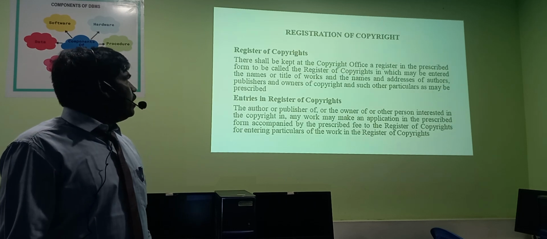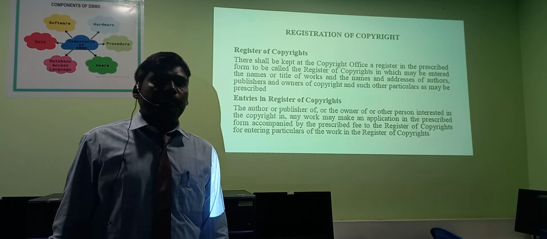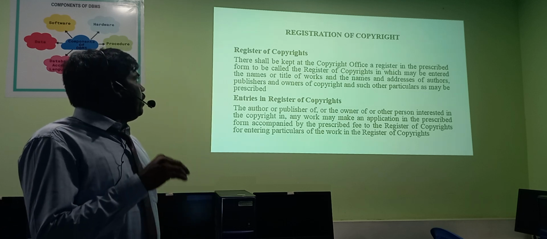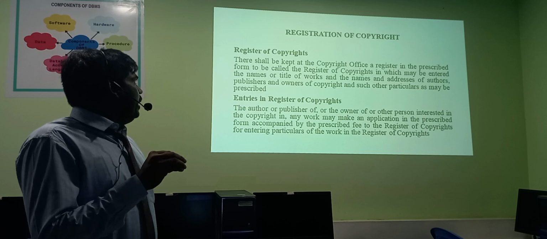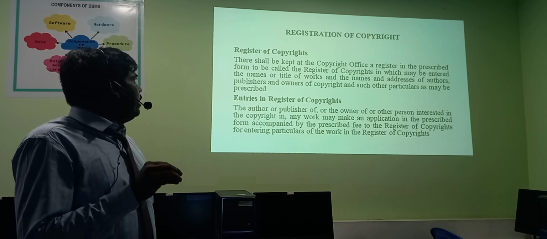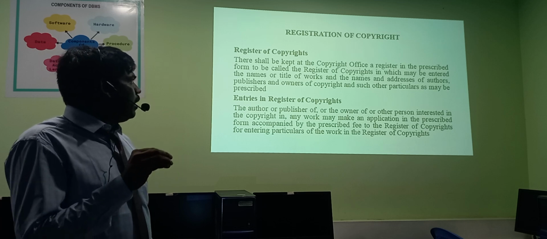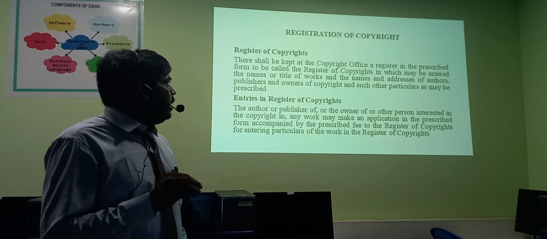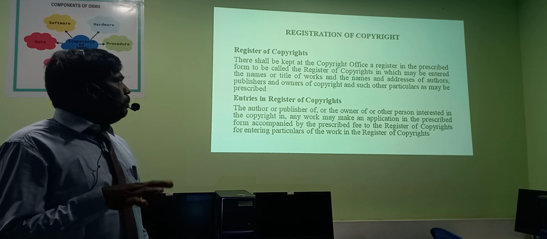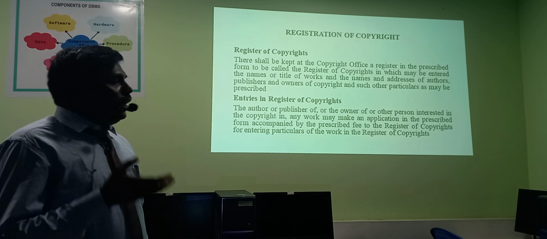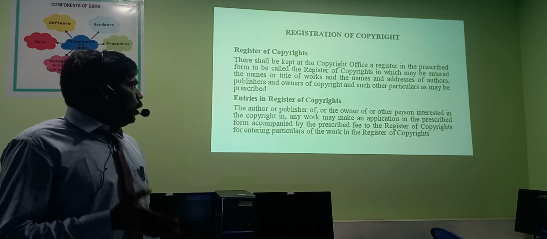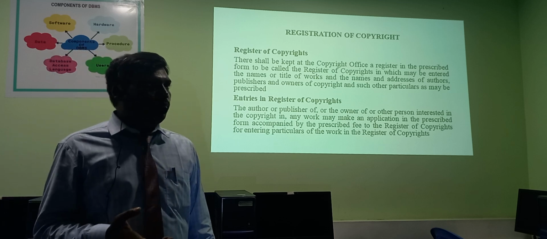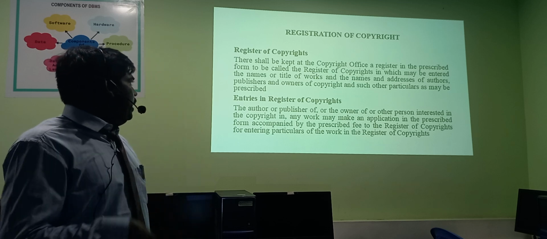Next, registration of copyright. If it is any copyright, it has to be registered in the following manner. That is the Register of Copyrights. There shall be kept at the Copyright Office a register in the prescribed form, to be called the Register of Copyrights, in which may be entered the names or titles of works, and the names, addresses of authors, publishers and owners of the copyright, which must be registered under the Copyright Act.